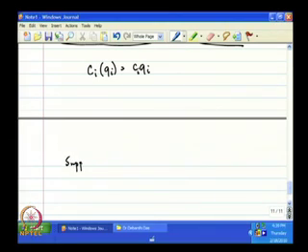Suppose two firms are there like before, just to keep the story simple.